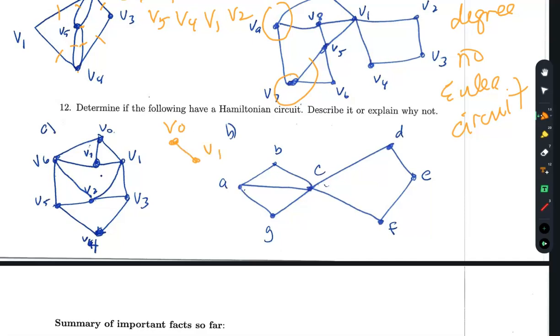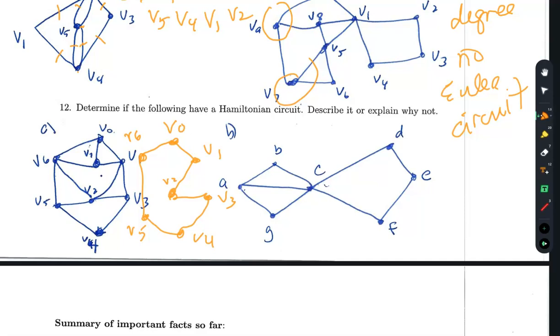There's my V1, and then I'll come down to V2, get to that city, then go out to V3, then down to V4, and then out to V5. I think this could be done. Then I'll go up to V6, and then back up here. So I hit every vertex exactly once, and I made a circuit.